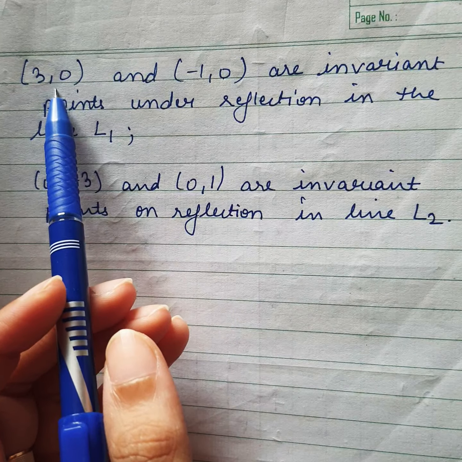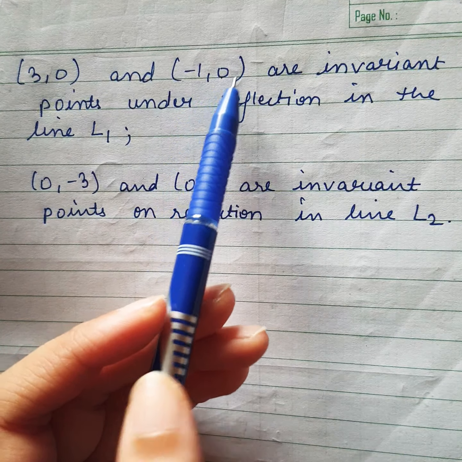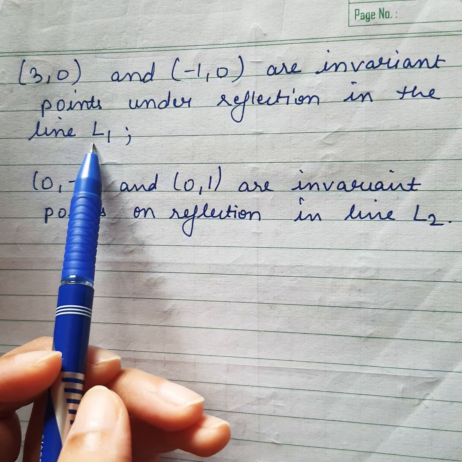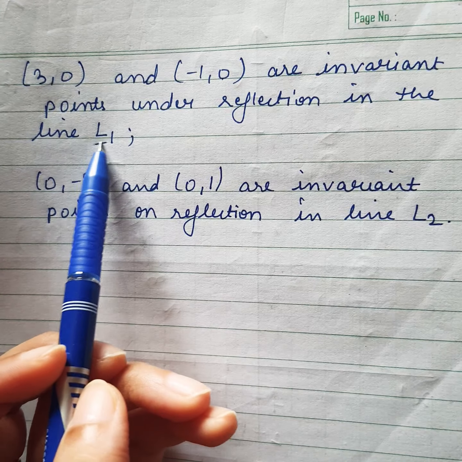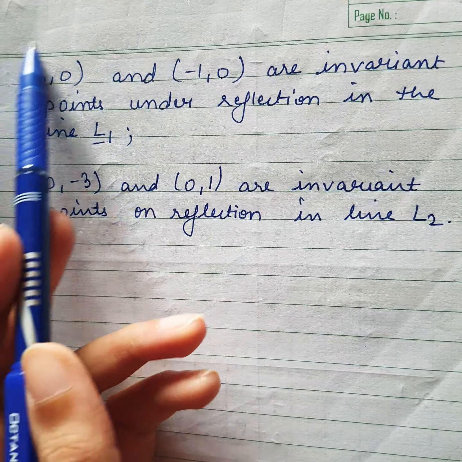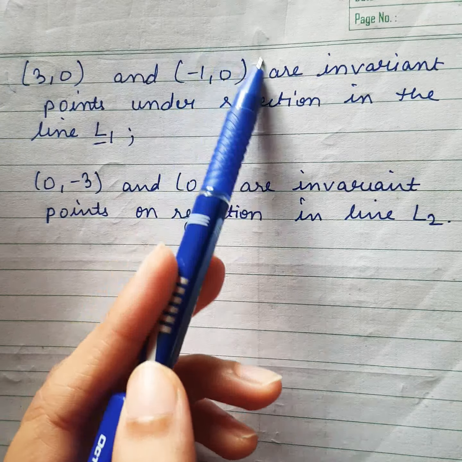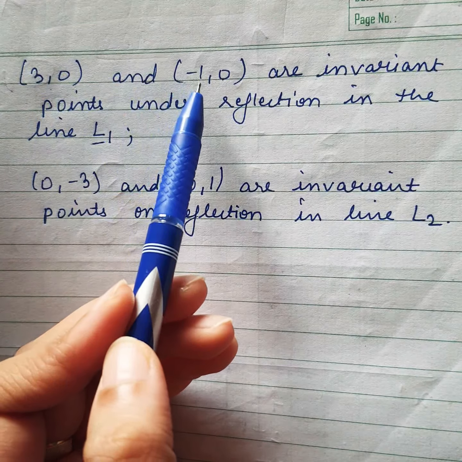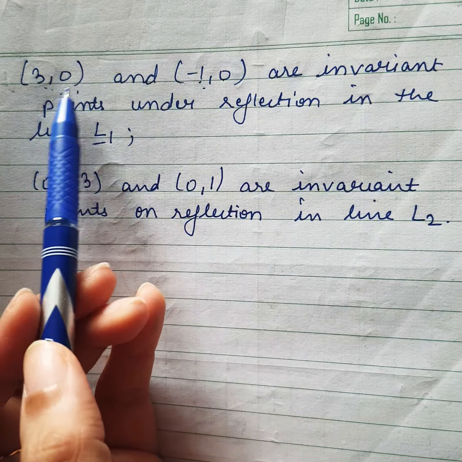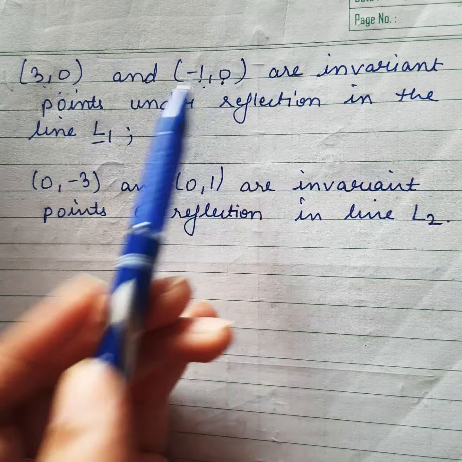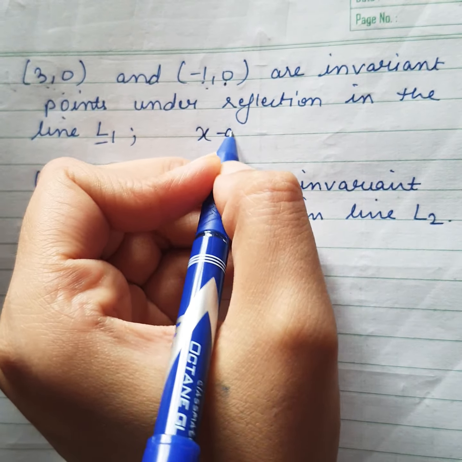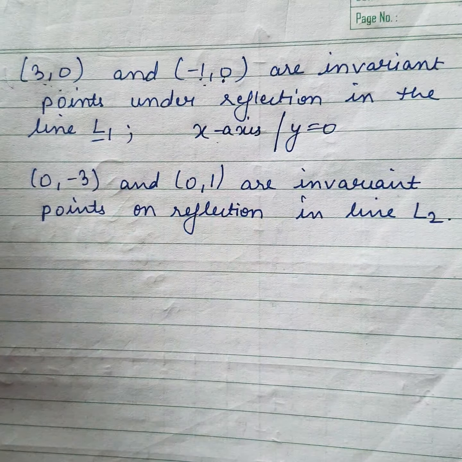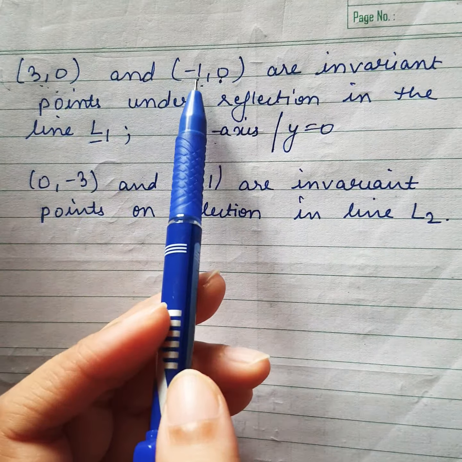So points (3, 0) and (-1, 0) are invariant points under reflection in a line L1. Can you guess the line of reflection, so that these points have not changed before and after reflection? Since the points are lying on the x-axis, because the y coordinate is 0, if I reflect the points along the x-axis, the points will not change their coordinates.